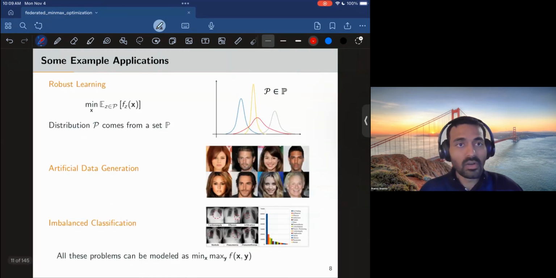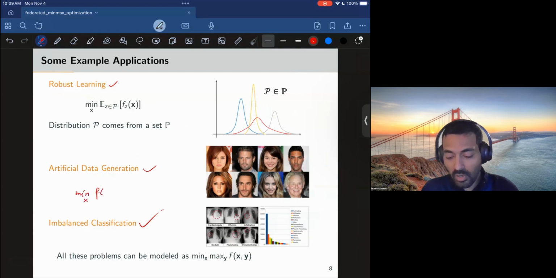So the thing common in all these three applications, robust learning, automatic or artificial data generation, and imbalanced classification, was that we cannot model them using a simple minimization problem. I already mentioned that we cannot model them in this kind of formulation.